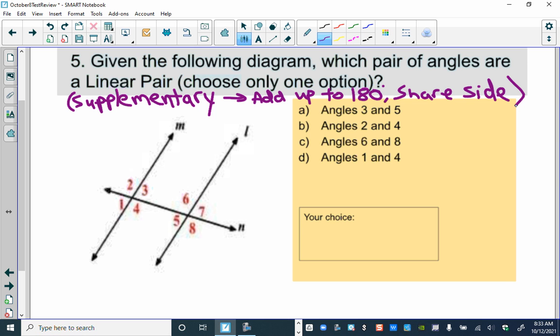Let's look at our possible options. Would 3 and 5 work? Look where 3 is and look where 5 is. No, they're not going to work. Those are alternate interiors.